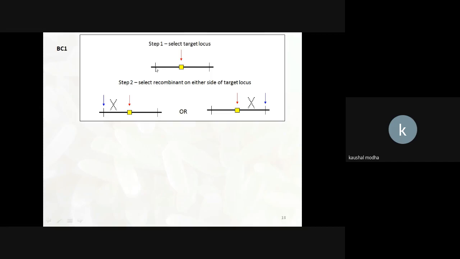There is a marker polymorphism between parent 1 and 2, recurrent parent and donor parent, for these two loci. In backcross 1, you may apply selection for any of this marker polymorphism. Let us say in one case we focus here. So in backcross 1, we select the individuals where recombination has occurred between the target locus and this marker.